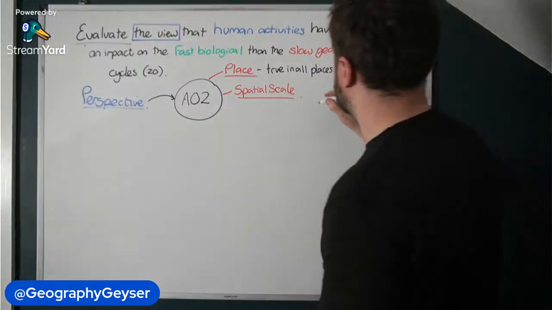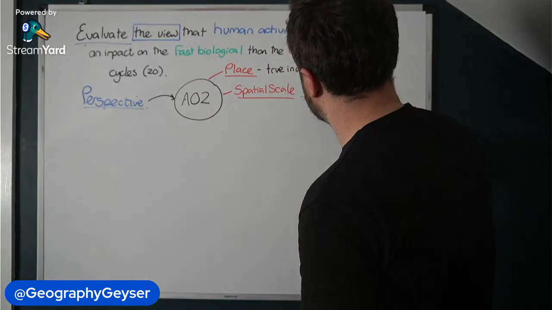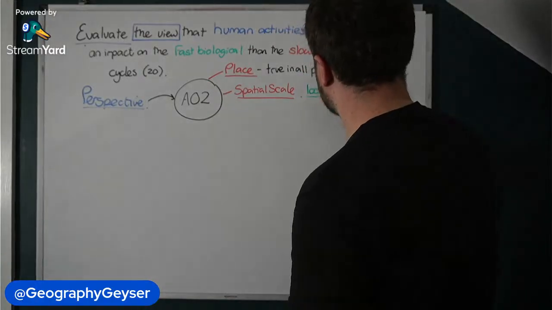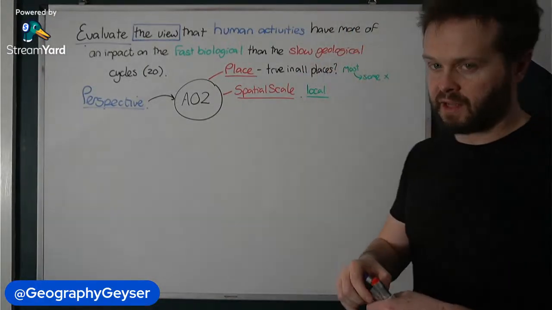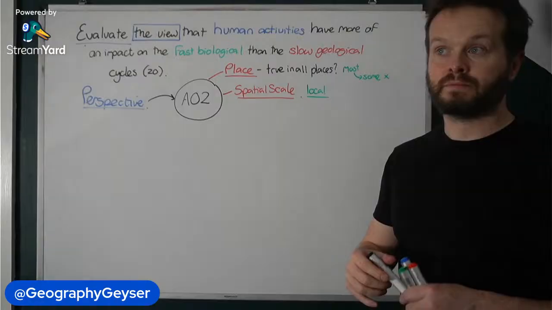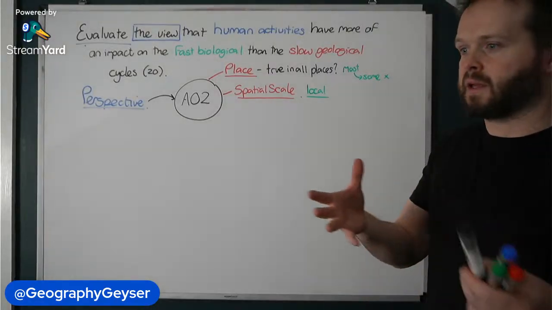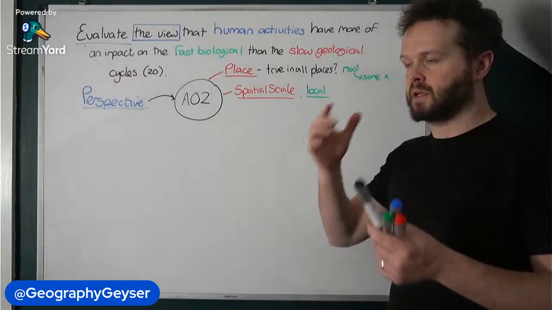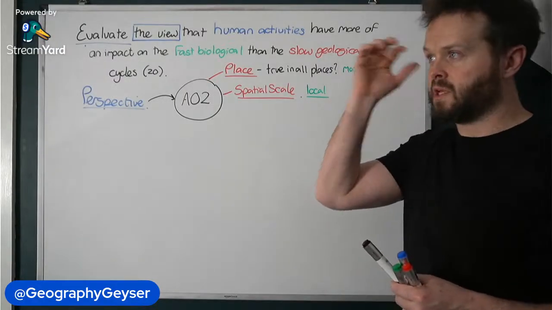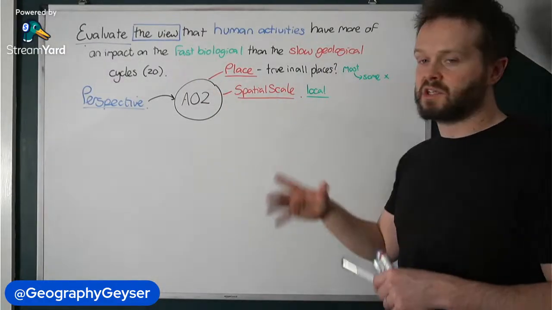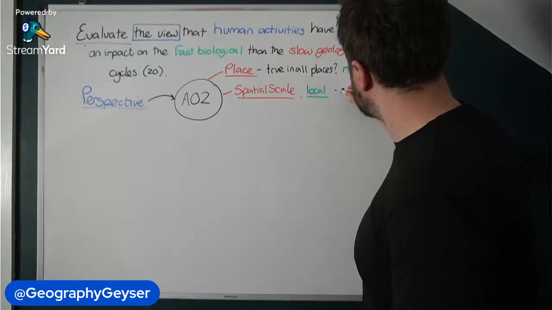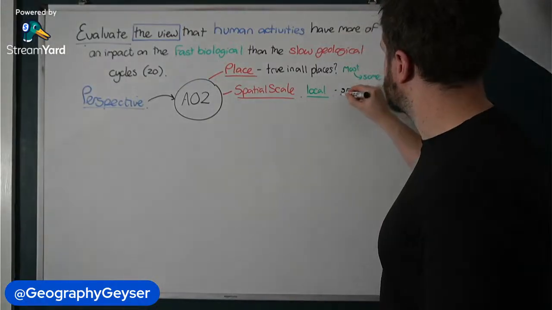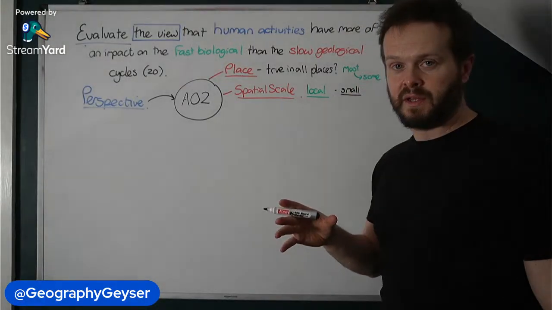You can look at it from, just generally speaking, the local scale. Now that's quite a broad concept in itself. What do we mean by local? Well, local can mean something like a village, it can mean something like a town, it can mean a city, it can mean like a region, or it can just mean within the local vicinity. Essentially, at a kind of smaller spatial scale.